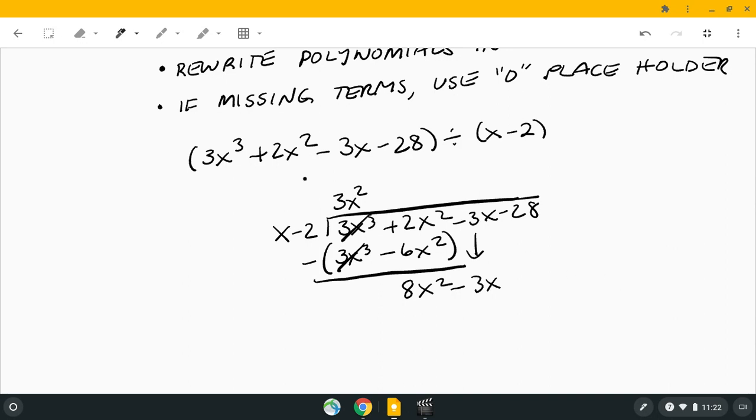Then I start over again, but I just use the x. I ignore the minus 2, and I try to figure out x times what will give me 8x squared. That would be positive 8x. x times 8x is 8x squared.